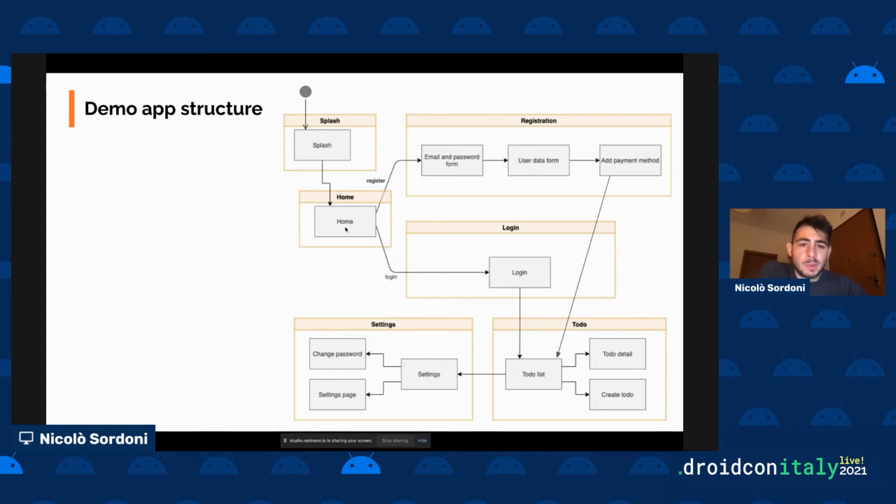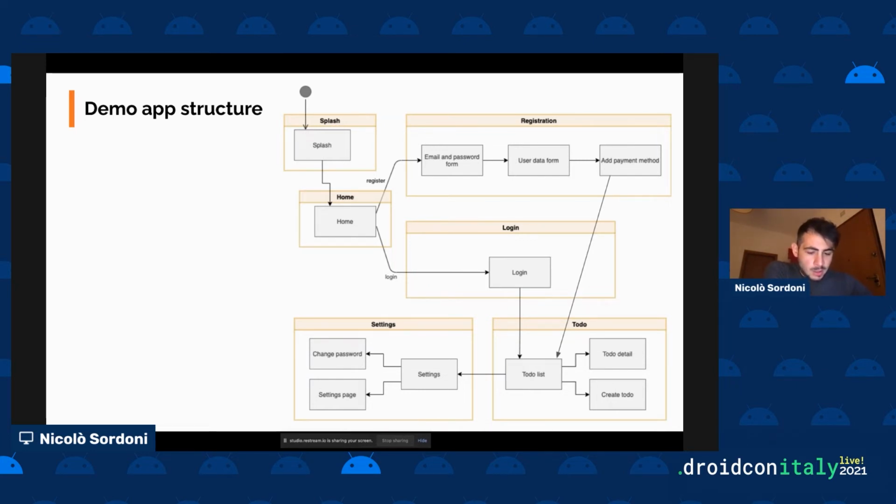And then from the home, we can go to the registration flow or to the login flow. The registration flow has internally 3 other pages: email and password form, user data form, and payment method. But both these flows redirect the user to the to-do list that we saw before. From the to-do list, we can access the detail or create to-do, or the settings section that is not important for this example.